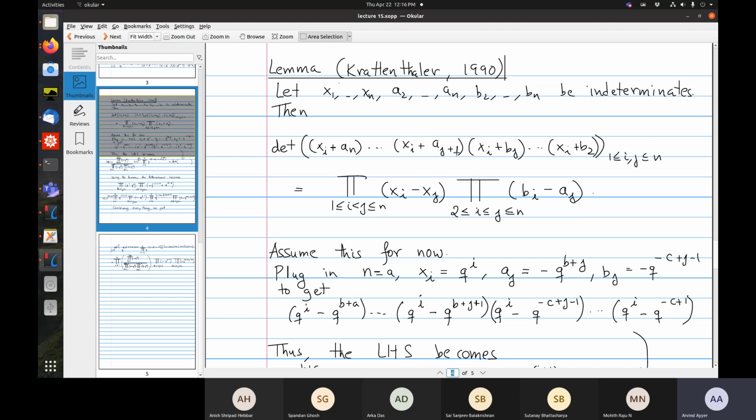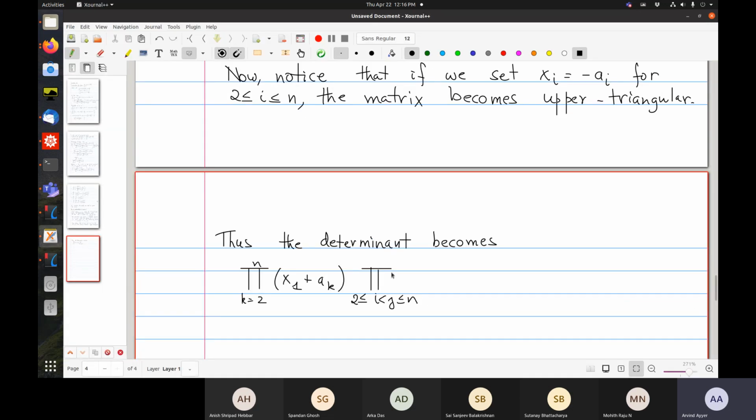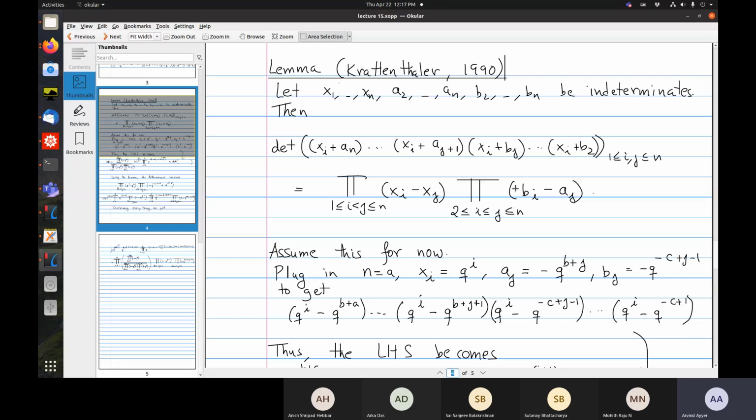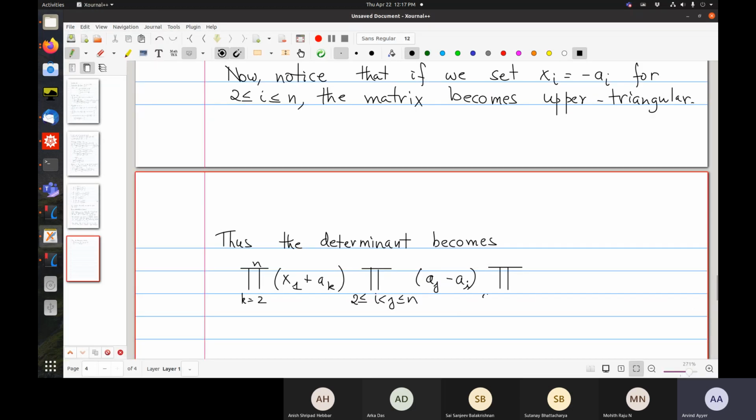So I have a(i+1) minus ai all the way up to an minus ai. So aj minus ai, j runs from i plus 1 to n. So that's this factor over here. And the product, now look at the b terms. So I'll get b running from 2 to i, when I set j, with 2 less than or equal to i less than or equal to n, less than or equal to j less than or equal to n.